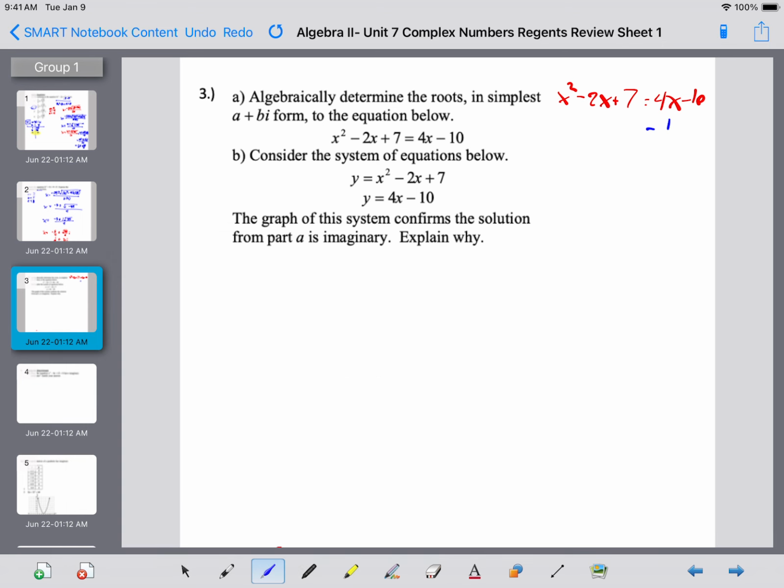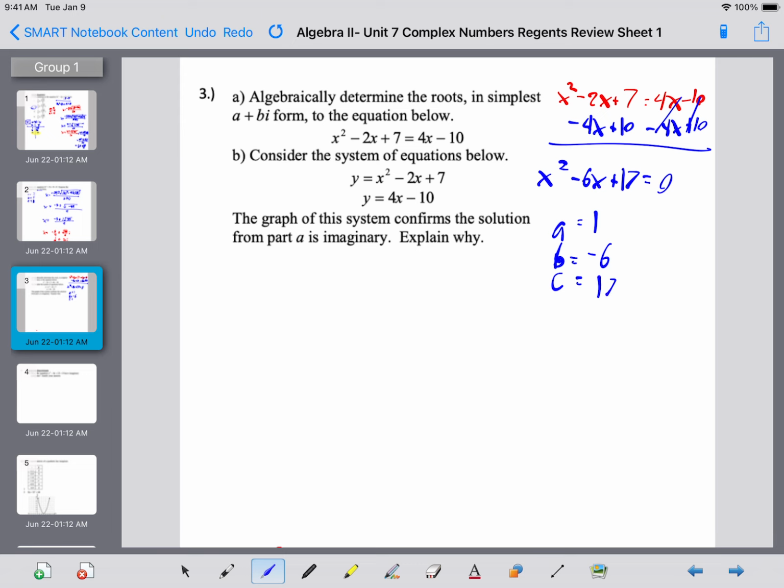So you're going to subtract 4x and add 10 to both sides. List out your a, your b, and your c. a is 1, b is negative 6, c is 17.